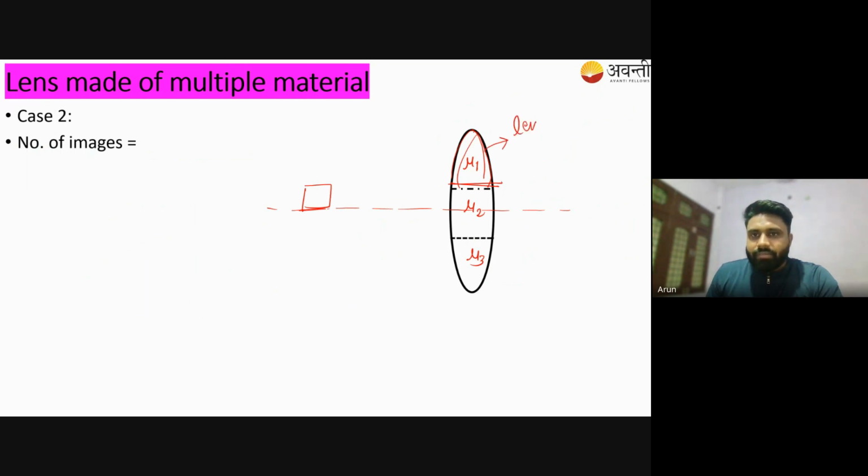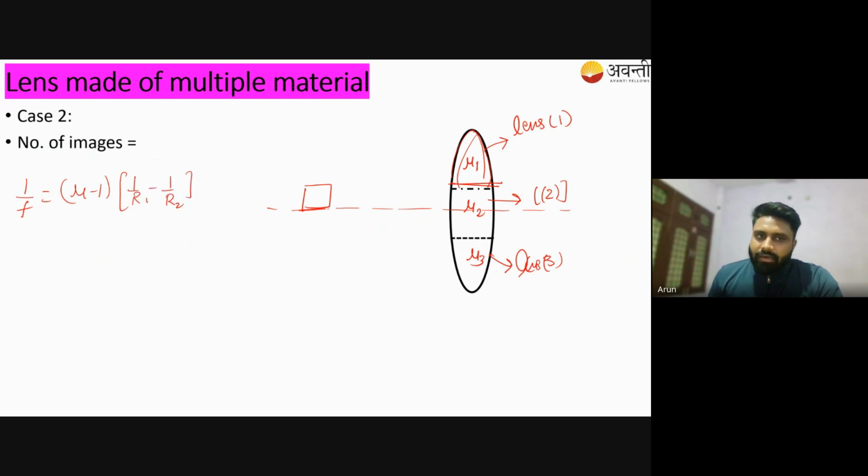This is lens number 1. The middle will behave as lens 2, and this will also behave as lens number 3. Why is it so? Because from the lens maker formula, 1 upon f equals mu minus 1 times 1 upon r1 minus 1 upon r2. If r1 and r2 do not change, then 1 upon f is directly proportional to mu.